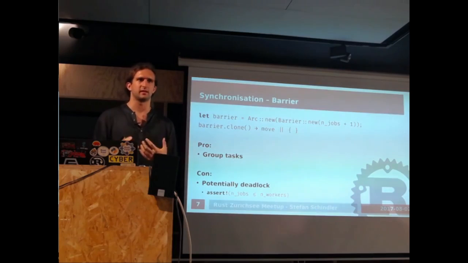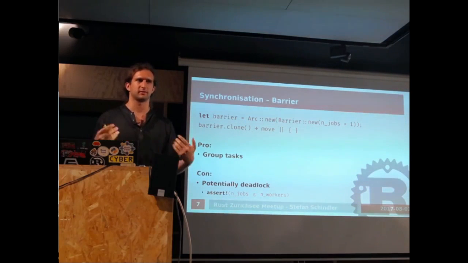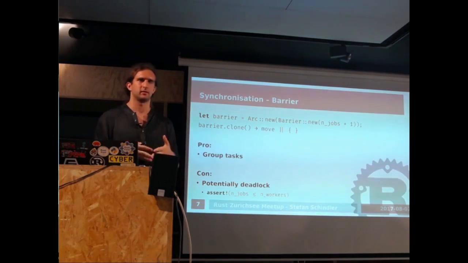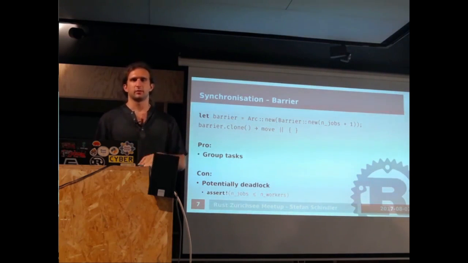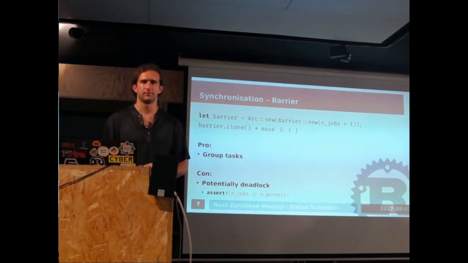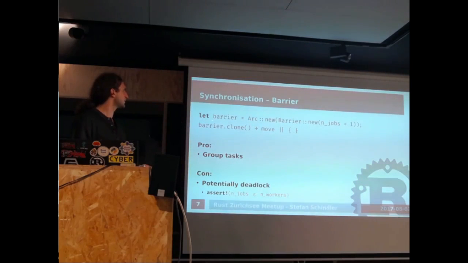And since the arc can take care of how many references are around, it knows when to deallocate it. The arc has the fantastic clone function, which allows us to copy the reference, and then we move it into a closure.